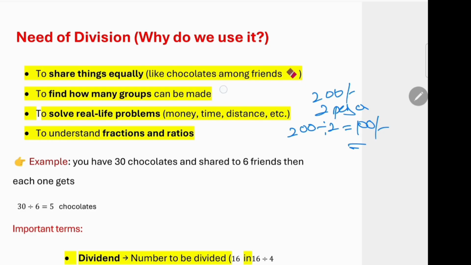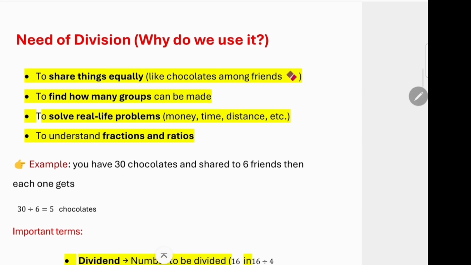And the next one, making equal groups. Let 20 students in your class make groups of 5 students in each group.